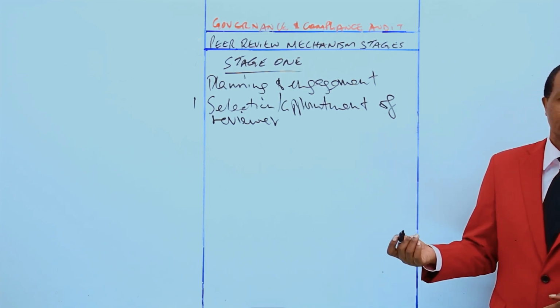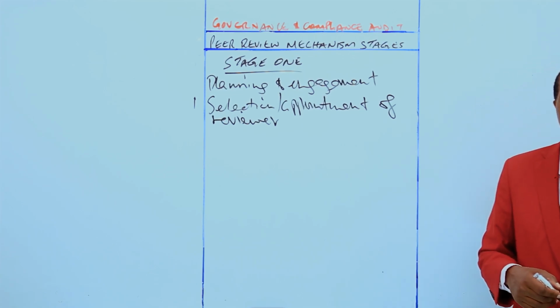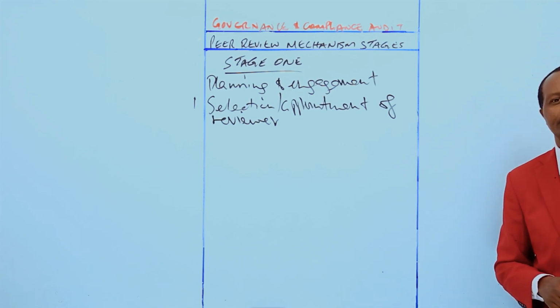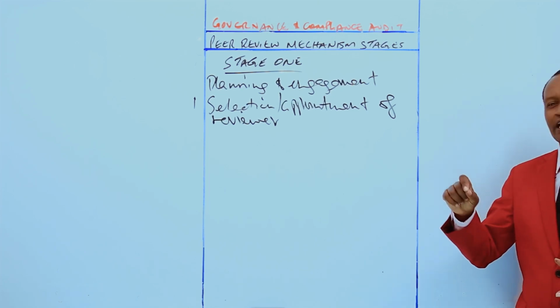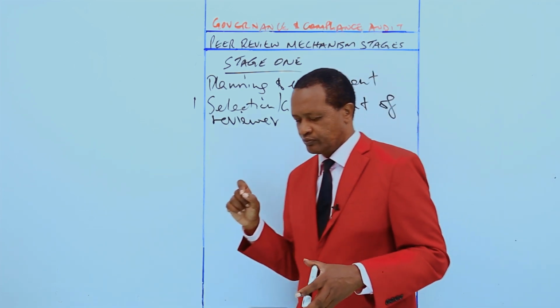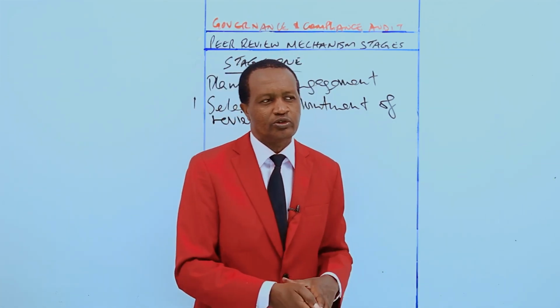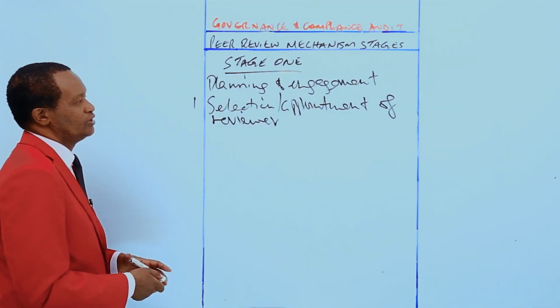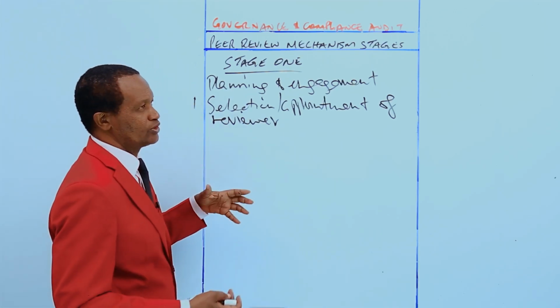For internal audit functions, this often involves contracting with an external audit firm or an experienced internal auditor from a different and related organization. So it could just be an internal auditor from another organization or an independent external auditor. So it begins with selection and appointment of a reviewer.